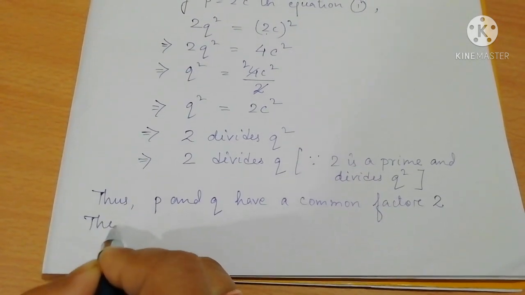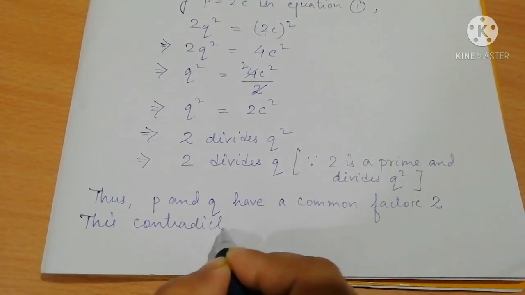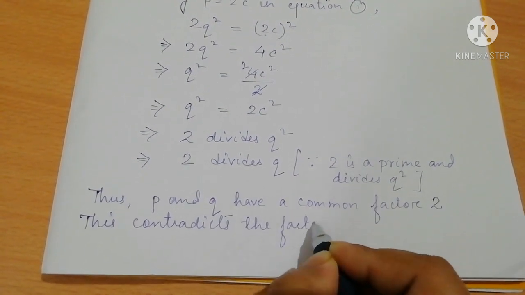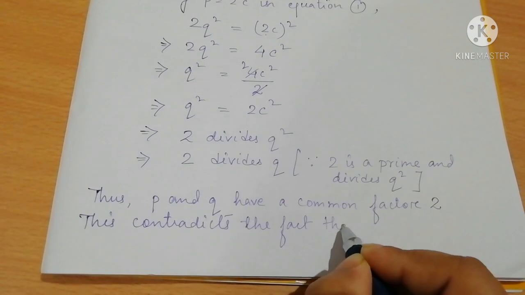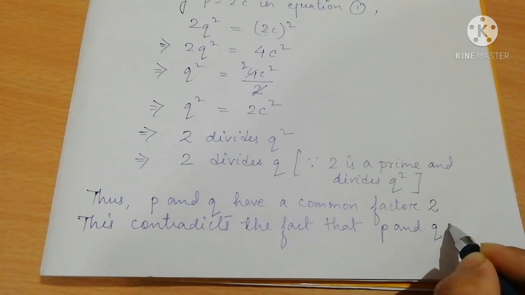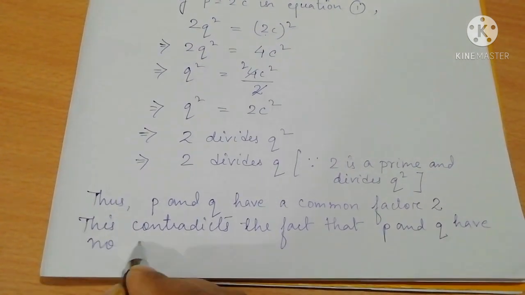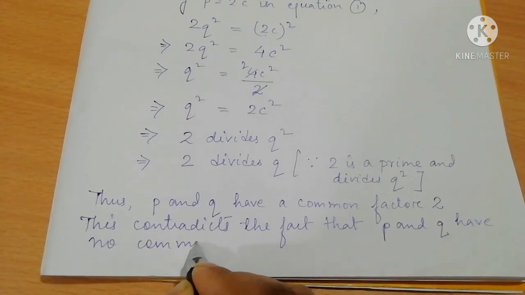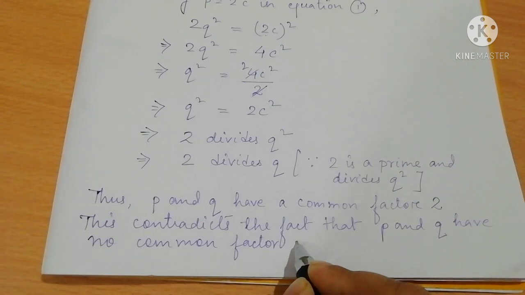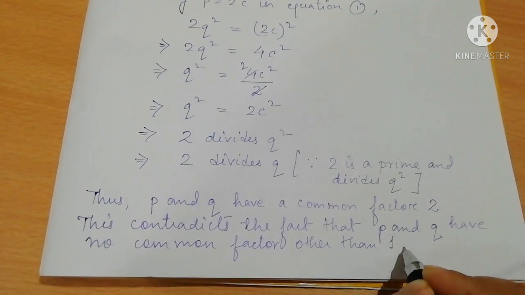So this contradicts the fact that P and Q have no common factor other than 1.